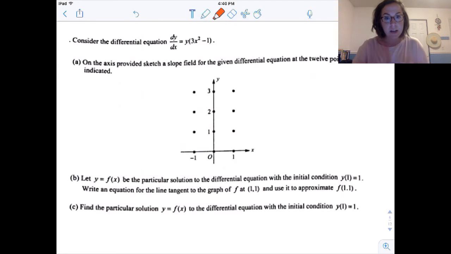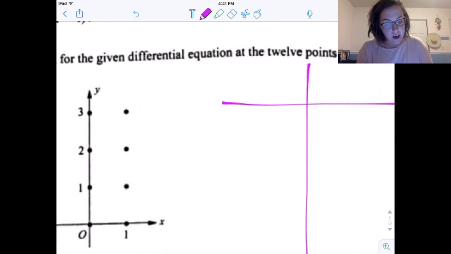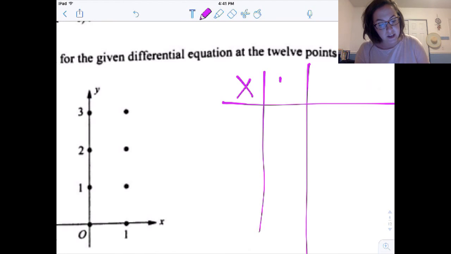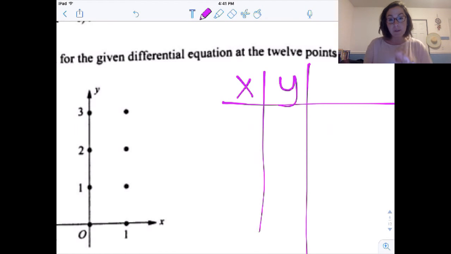And starting with a slope field, you're like, thank heavens that I got a slope field. Just plug in your points, right? So for the slope field, I'll do this with you guys. We're just going to plug in our points. Feel free to make a table of values if it helps you to stay organized. I get very jumbled when I make these if I don't stay organized.